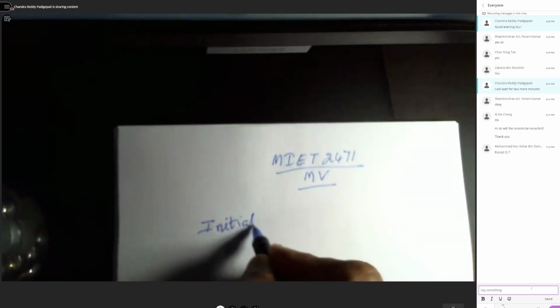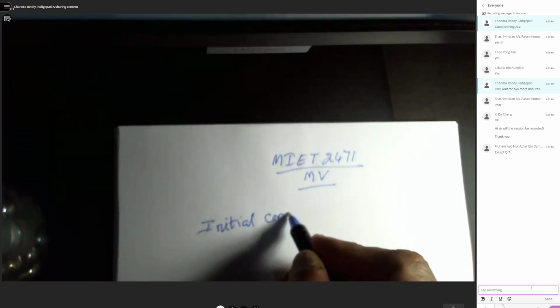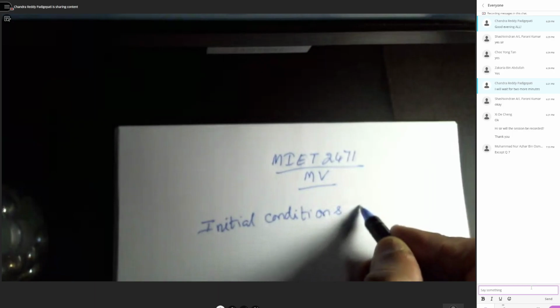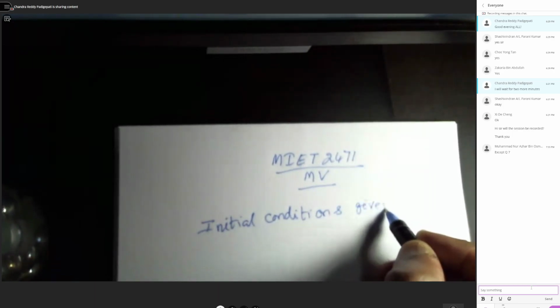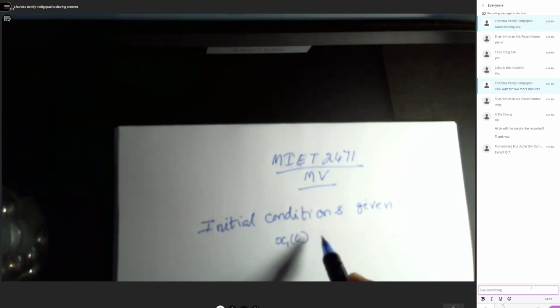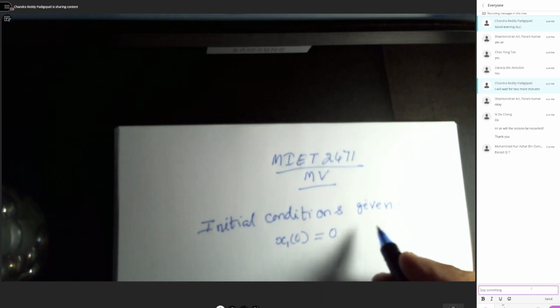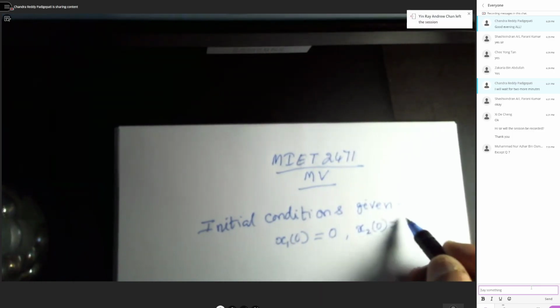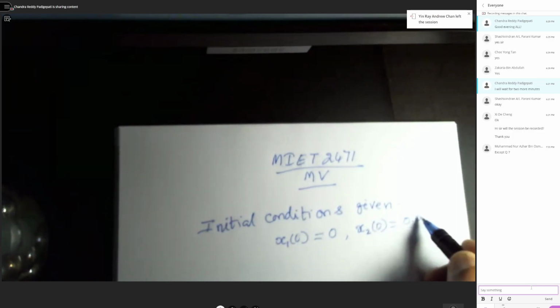So what are the initial conditions given? For mass 1, when the time is 0, the displacement is 0. Similarly for mass 2, when the time is 0, the displacement is given as 0.004.